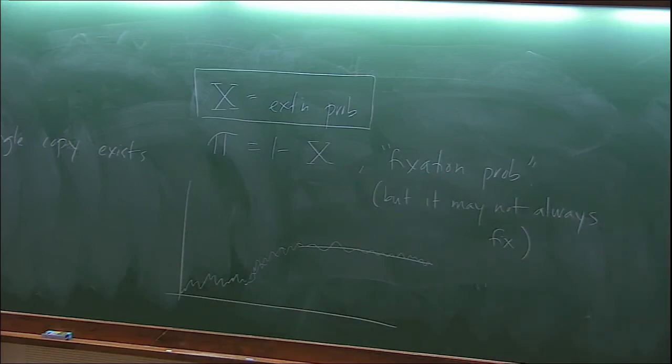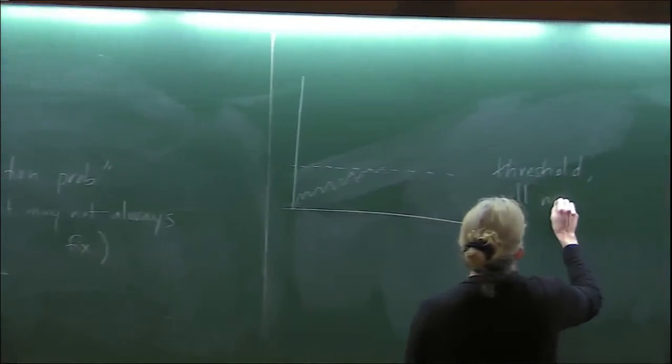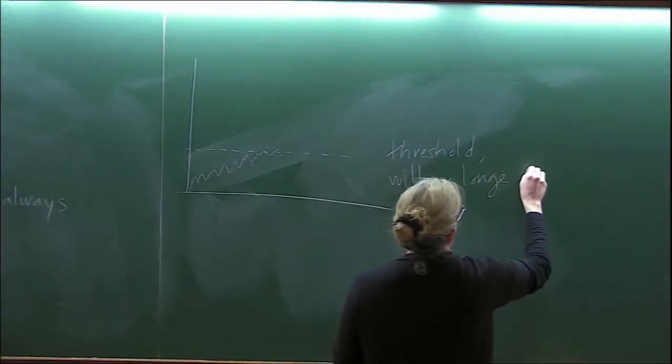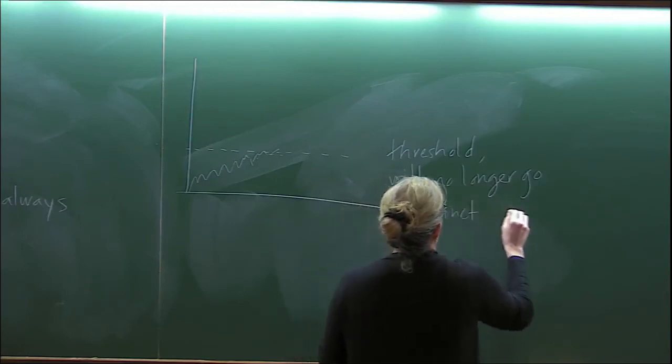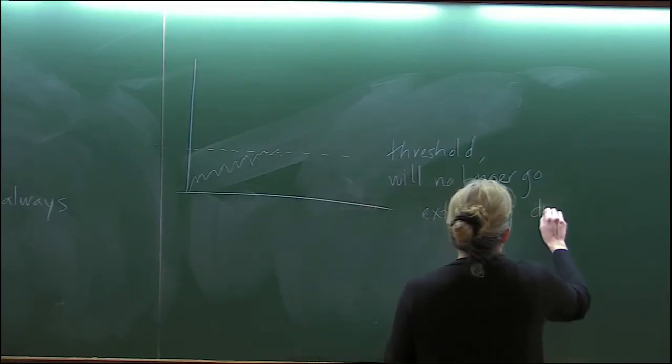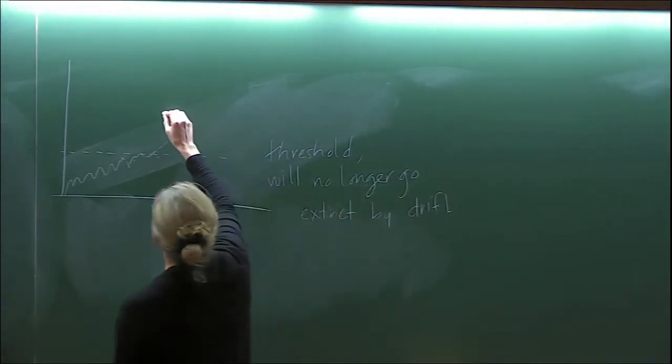If it gets big enough that we can sort of say with some certainty it's not going to go extinct anymore, we say it's established. So there's some threshold, it will no longer go extinct by drift. And once it exceeds that threshold, we call it established.